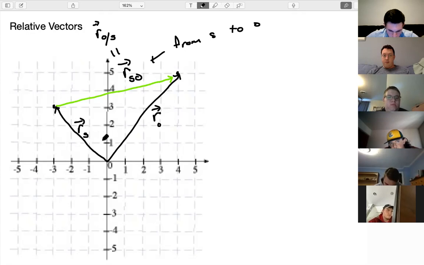Now, could we use our vector addition knowledge to come up with a formula relating RS, RO, and RSO? Can I come up with an addition statement that relates all three of these? What would it be?